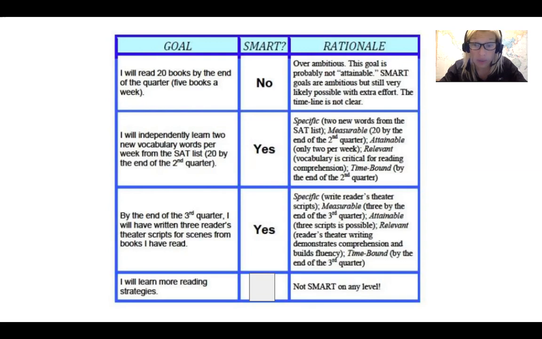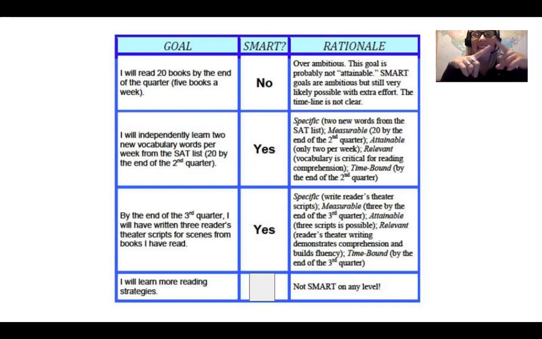It's measurable, 3 by the end of the quarter. It's attainable. For this particular student, they can write 3 scripts. And it's relevant because the Reader's Theater writing demonstrates comprehension and builds fluency. So it shows that the book was understood and you know all the words in it to speak them out loud. Not only that, but it's time-bound by the end of the third quarter.